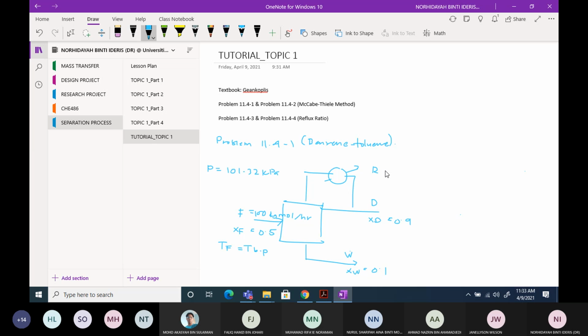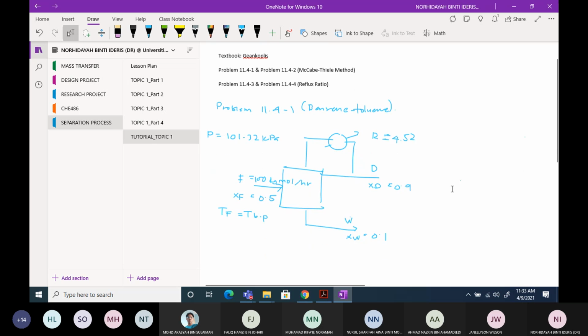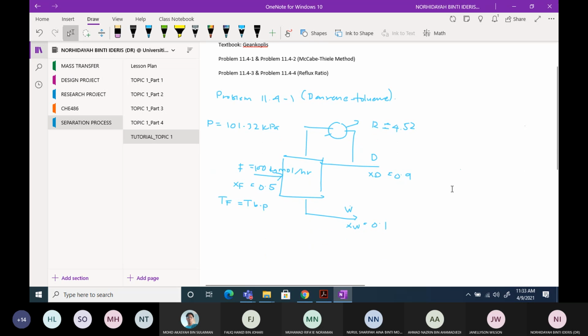The reflux ratio is 4.52. Now the question asks you to calculate the distillate, bottoms, and the number of stages.